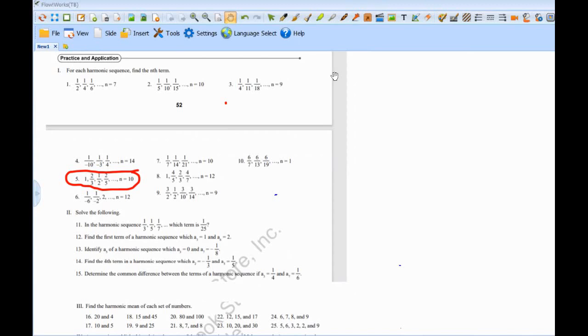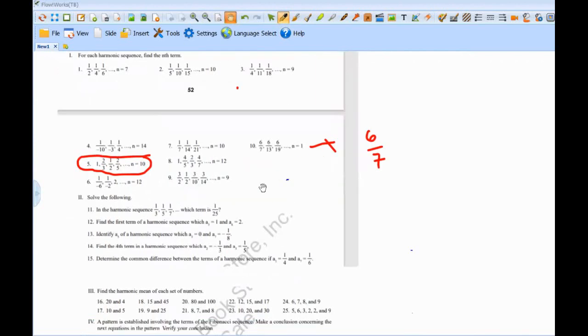So let's skip that and just put it as bonus because it's not actually clear what they are asking. But if you are going to answer that, it is actually a sub 1 is 6 over 7, right? Because the nth term that they are looking for is number 1.